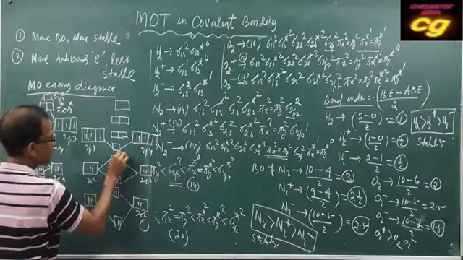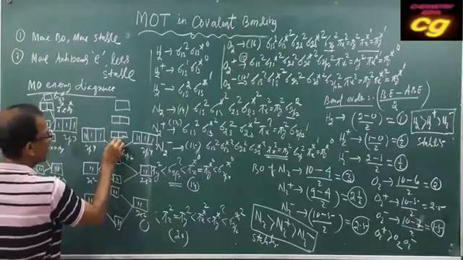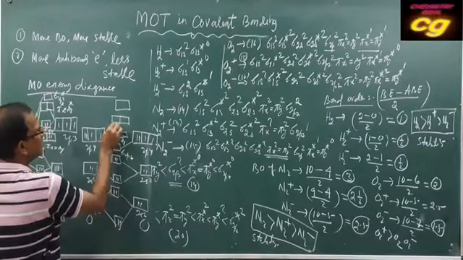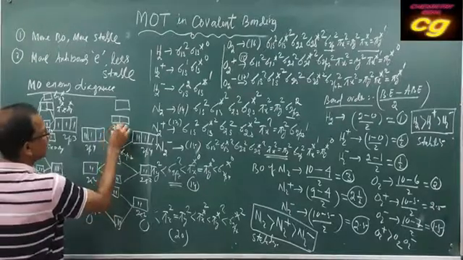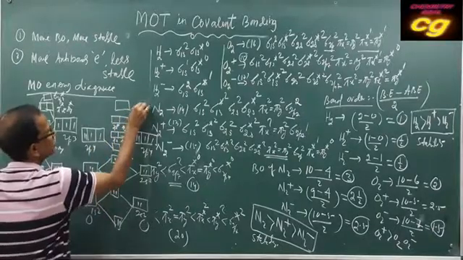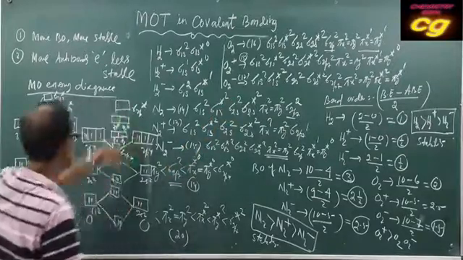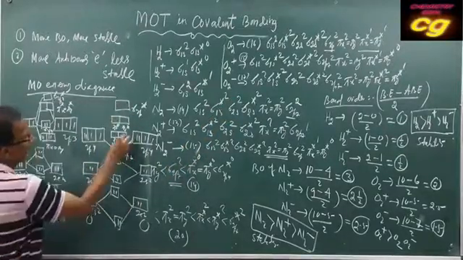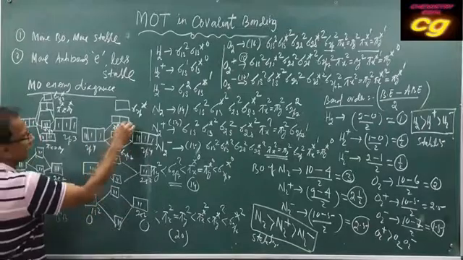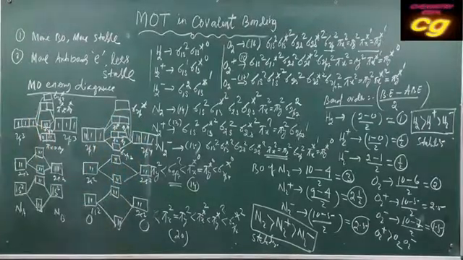So this is sigma 2pz, this is pi x, pi y, pi x star, pi y star, and this is sigma 2pz star. Same as the electronic configuration, we have to write a structure. So we have to join this one, this one, this one, and this one. You have to join, then fill up electrons.